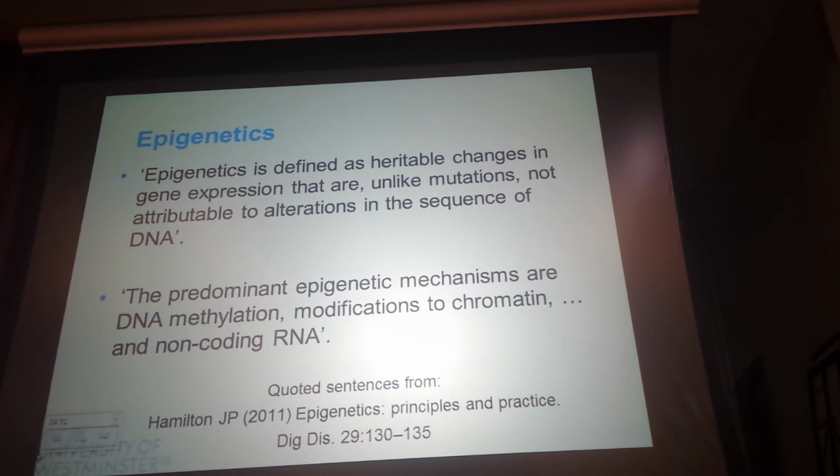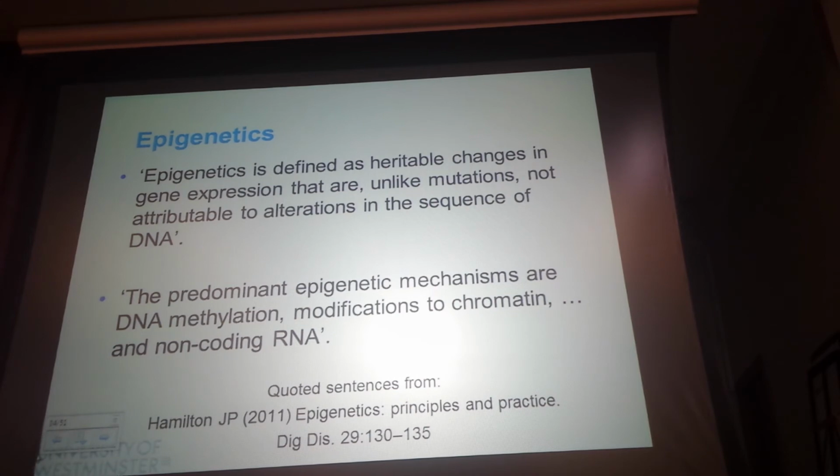Another way as well to mutate a gene is epigenetics. And actually epigenetics is defined as inheritable changes in gene expression, but unlike mutations, it's not attributable to an alteration in the sequence of the DNA. So epigenetics is more related to the regulation of the genes.